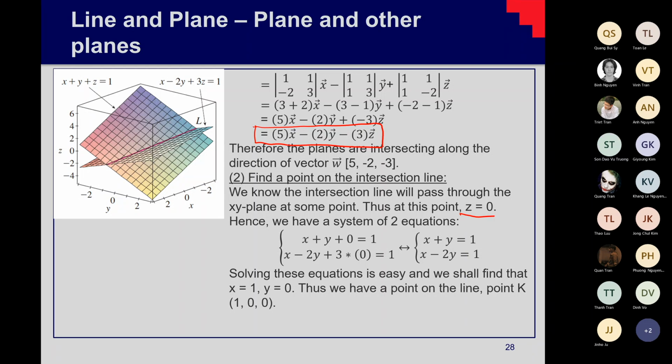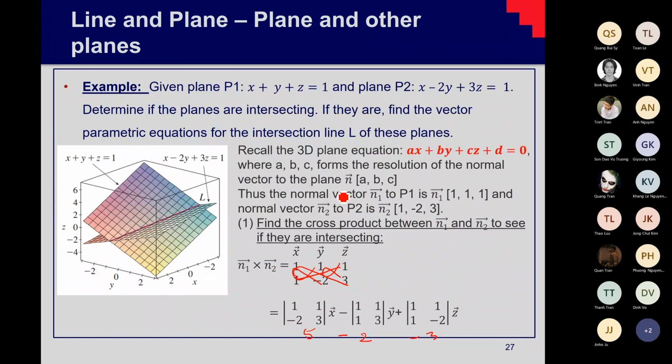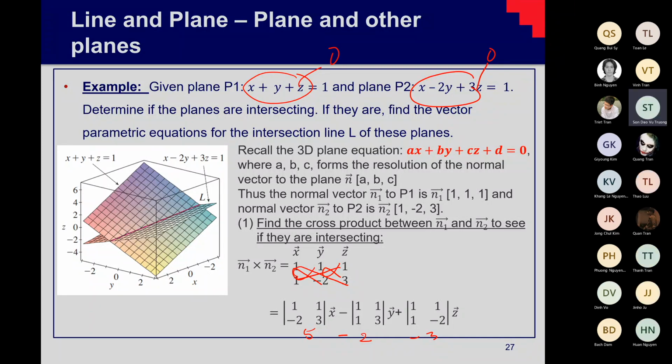From the previous two planes, putting z equal to 0, we have x plus y equal to 1 and x minus 2y equal to 1.